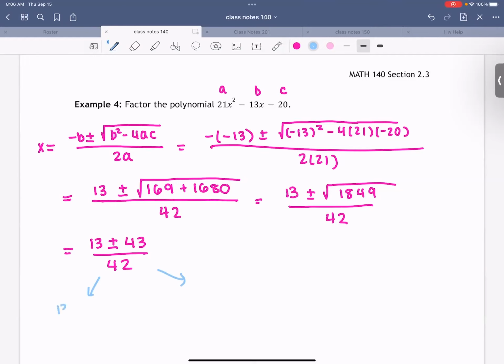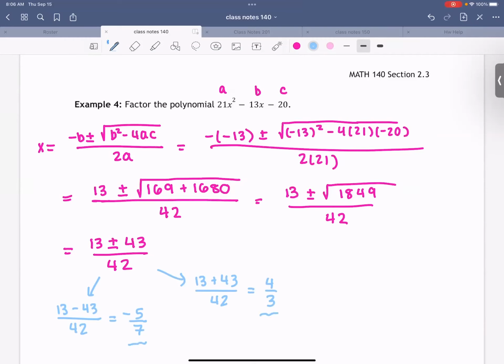So we've got 13 minus 43 over 42, and I'm getting minus 5 over 7. And then we've got 13 plus 43 over 42, and I think that's getting me 4/3. So all I did is I found the positive and negative answer.